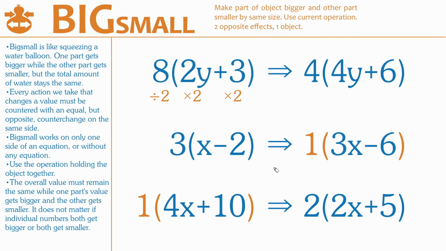Okay, so now a normal problem, we're going to take the 3, multiply it. So the 3 becomes 3 times smaller, and I get 1. So that means the inside has to get 3 times bigger. So 3 times x, 3x, 3 times negative 2, negative 6. As simple as that.